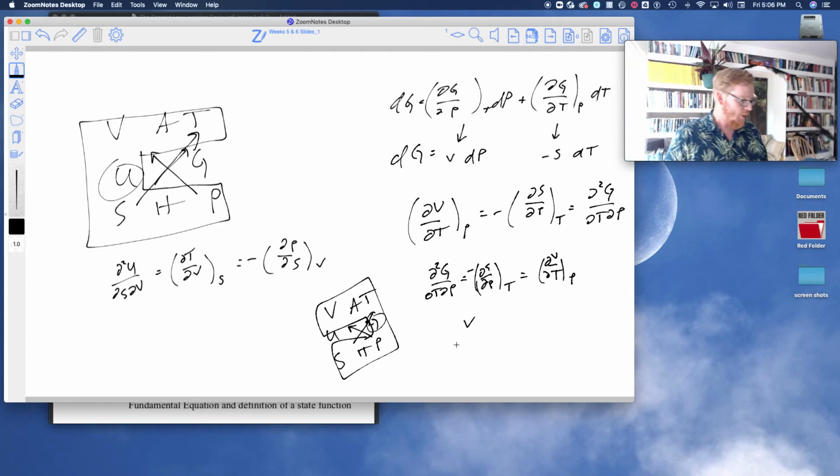Beautiful. Okay, so we're going to move into talking about phase equilibria. These relationships, these derivatives, are going to tell us about phases. We're going to learn even more about the universe from these relationships. Okay? So these are powerful. This is powerful stuff we're talking about. Like the thermodynamic definition of volume, temperature, pressure.